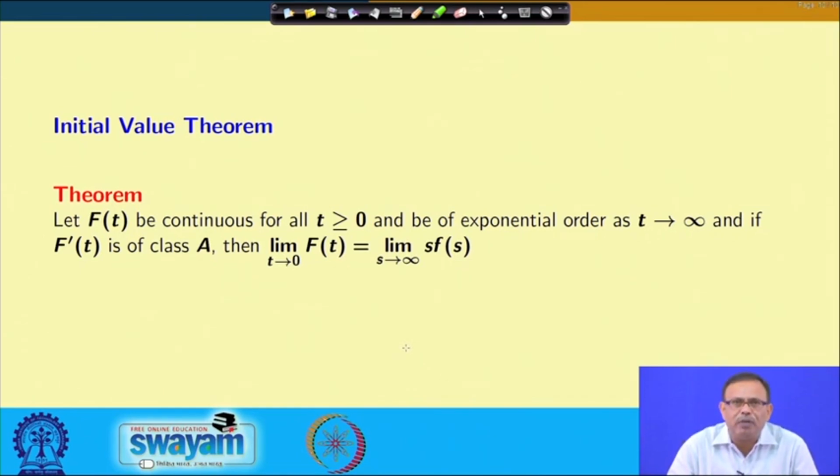So, basically whenever t is approaching 0, that value for the function f(t) should be equal to the limiting value of s F(s) whenever s approaches infinity. Let us see the proof first and afterwards we will see what is the use of these particular theorems.